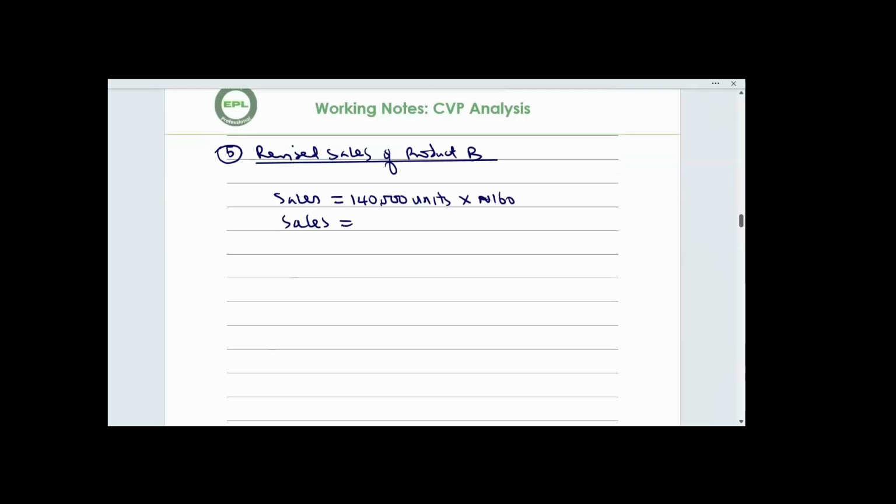Therefore, 140,000 multiplied by 160, we have 22,400,000. So the sales of product B has reduced from 25,200,000 to 22,400,000 because the selling price has reduced to 160 from 180.